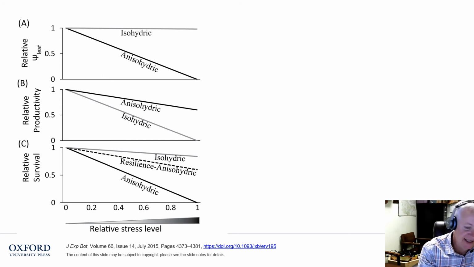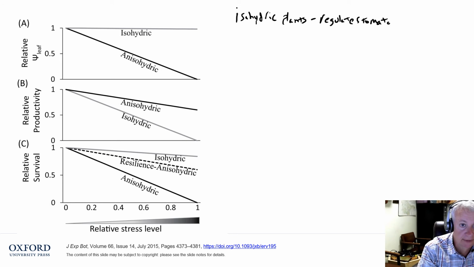So isohydric type plants regulate stomata and transpiration.